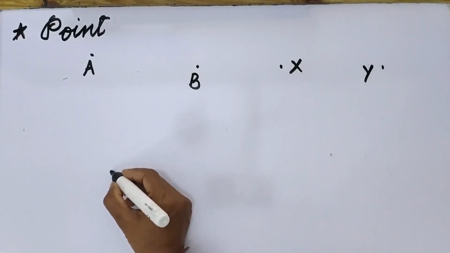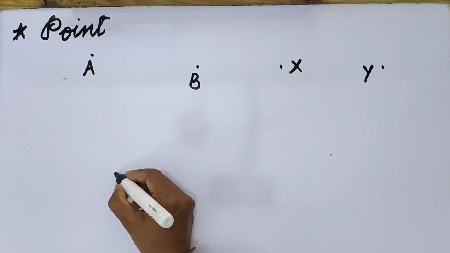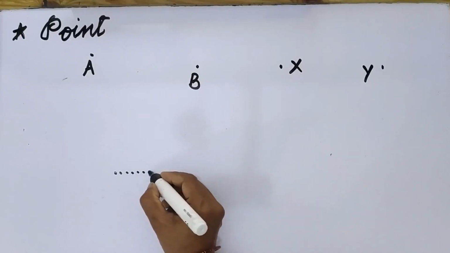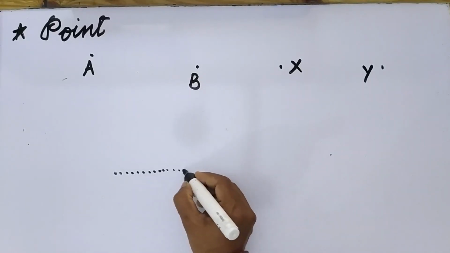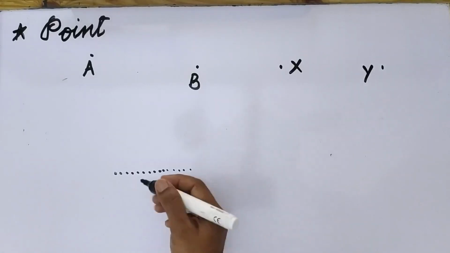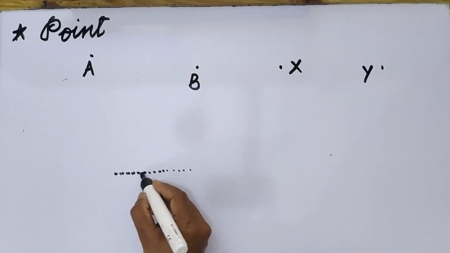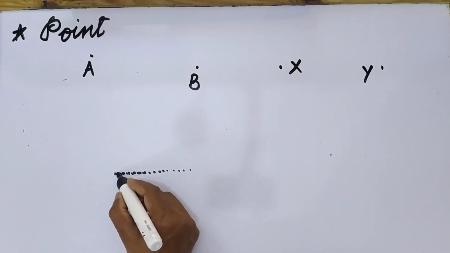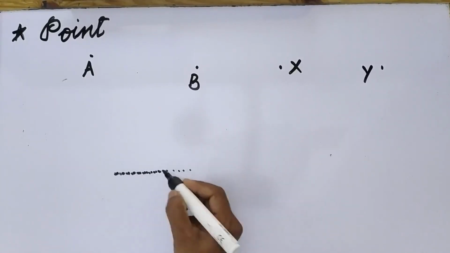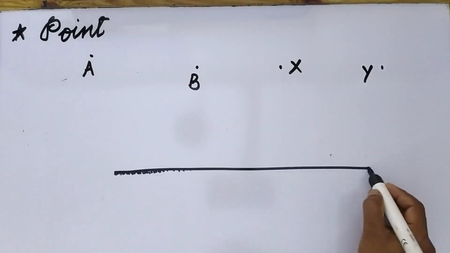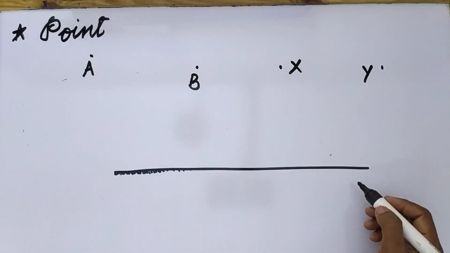Okay, have a look here. If we keep the points side by side, if we go on keeping, how does it look? If we keep the points side by side without leaving any gap, how does it look? It looks like a line, isn't it?